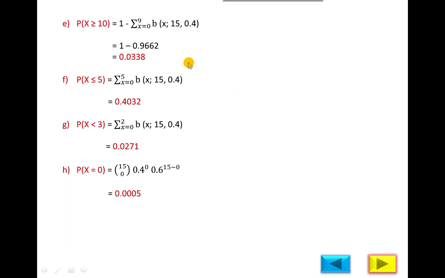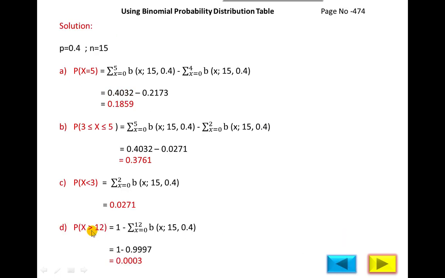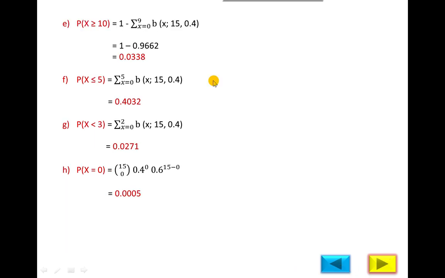Next part, greater than or equal to 10. For more than, we will subtract from 1. Here we subtract the value of 0 to 9, because the required condition is from 10 and above. If you subtract the value of 0 to 9 from the total probability, you will obtain 10, 11, 12, 13, 14, 15.